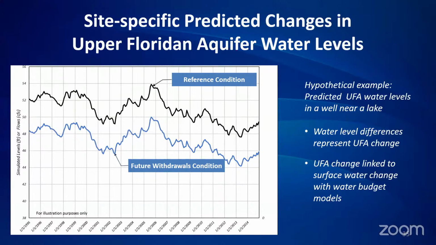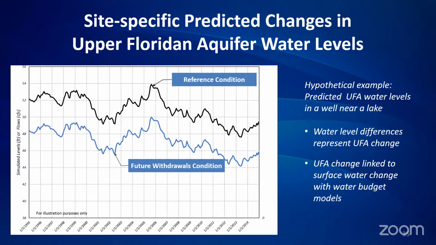This is a slide similar to one that Pete showed previously, showing a time series of water levels in the Upper Floridan aquifer predicted for an area or a well, for example, near a minimum flow and level water body, such as a lake, with the black line depicting the predicted Upper Floridan aquifer levels for a reference condition, and the blue line depicting Upper Floridan aquifer levels through the model time period for a future withdrawal condition.